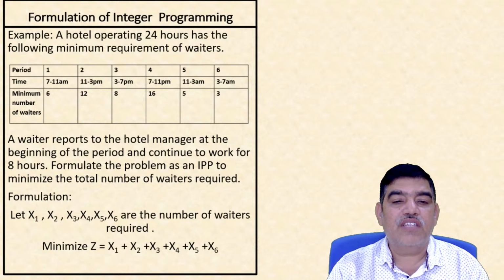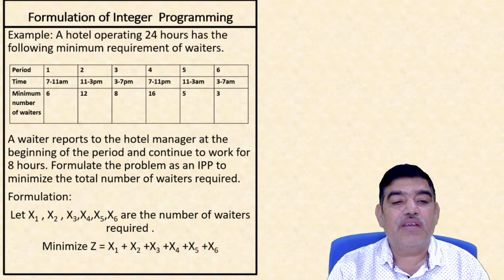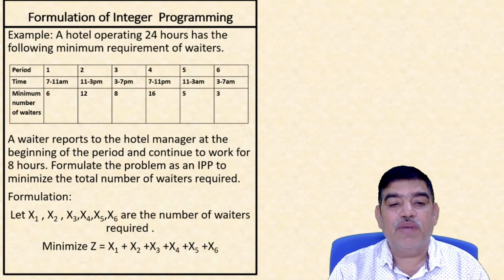So there are 6 periods, and the time is mentioned: 7 a.m. to 11 a.m. for the first period, 11 a.m. to 3 p.m. for the second period, 3 p.m. to 7 p.m. for the third period, 7 p.m. to 11 p.m. for the fourth period, 11 p.m. to 3 a.m. for the fifth period, and 3 a.m. to 7 a.m. for the sixth period. So the time is mentioned.